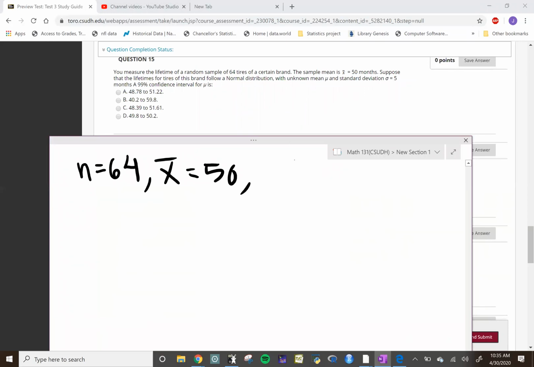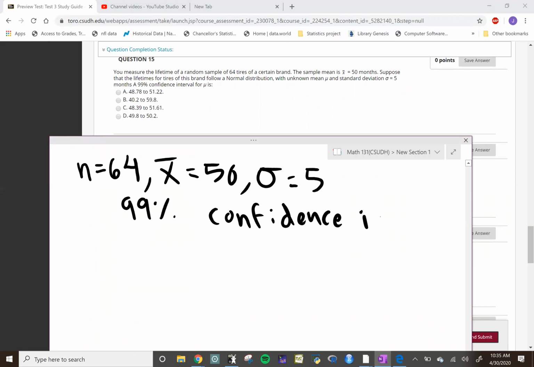They also told me the standard deviation of the population, sigma, is equal to 5. Lastly, we want to do a 99% confidence interval. So this is all they gave us.